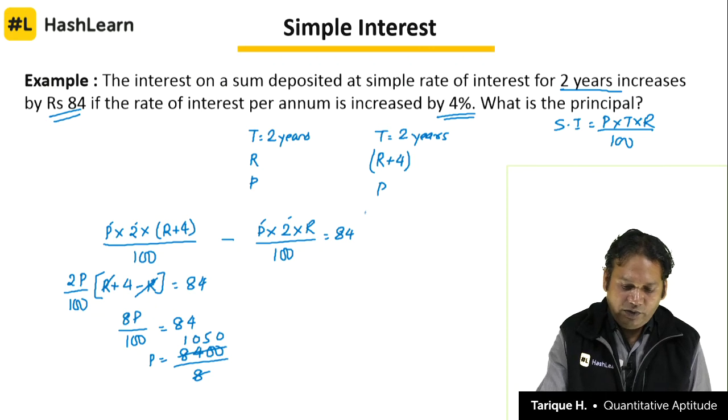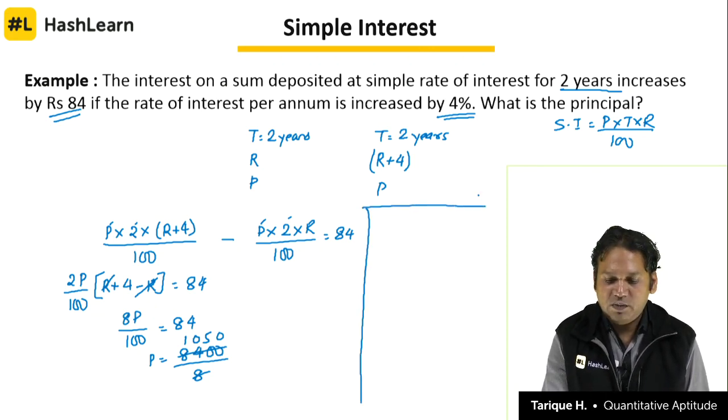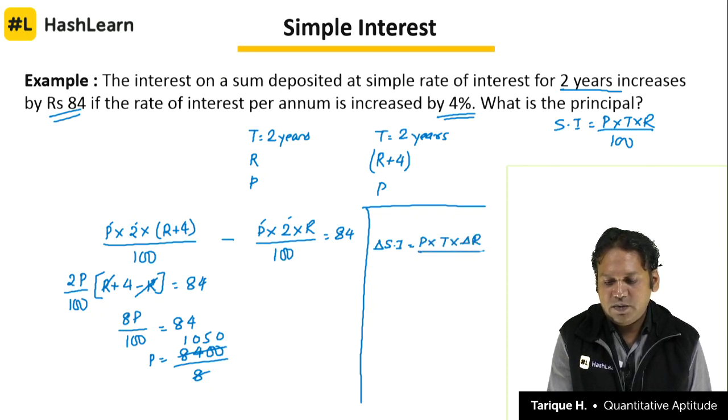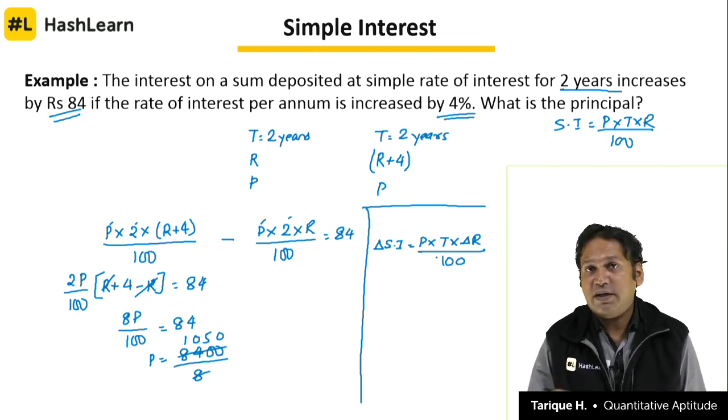Now for this also there is a direct formula. Again, you see, for every type of question, what is the best way? Change in simple interest is equal to P into T into change in rate by 100. It does not matter if the simple interest is increasing or decreasing.